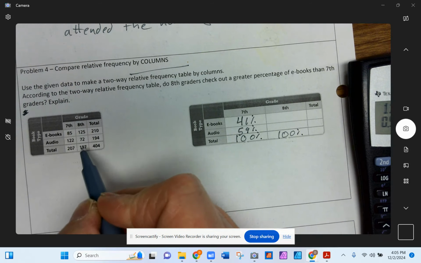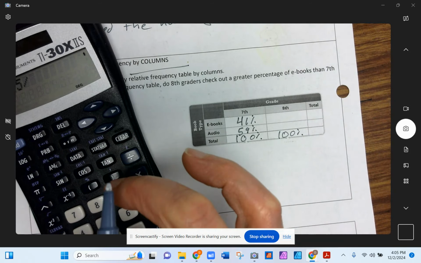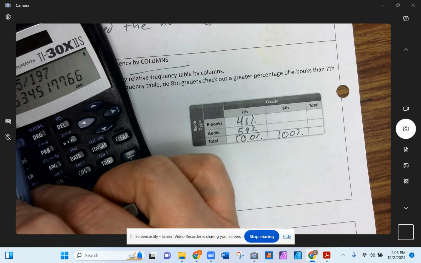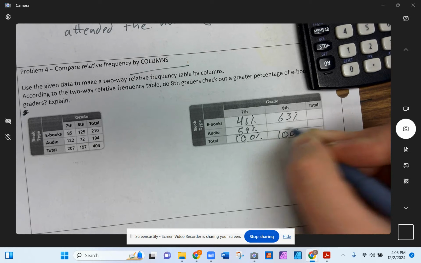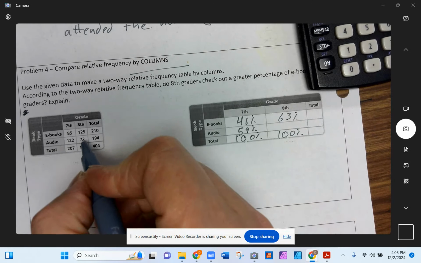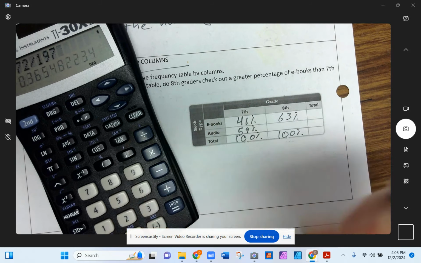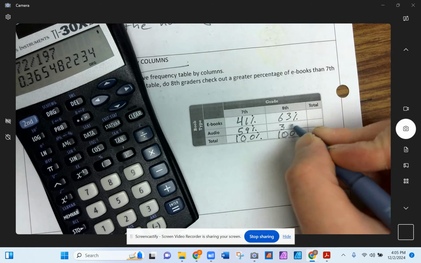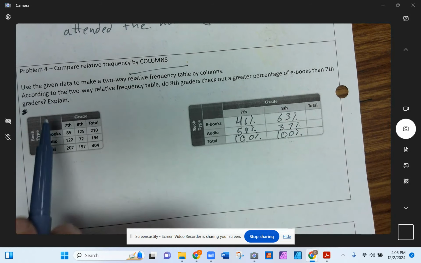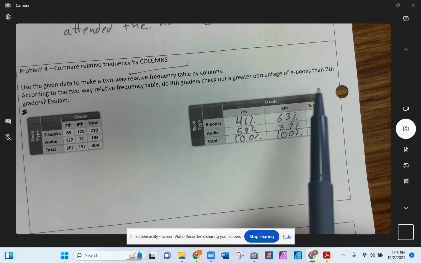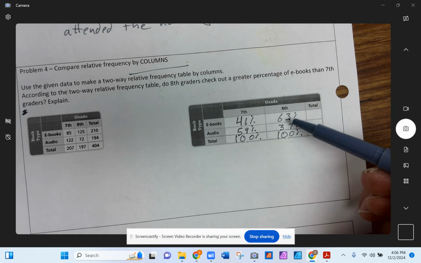We've got this 125 divided by 197. Is 63. And then we should get roughly 37% there, because it's 72 divided by 197. Round that up to 37, we're good to go. Okay? All right. According to the table, do 8th graders check out a greater percentage of ebooks than 7th graders? So 8th grade, 63 does ebooks. Yes.